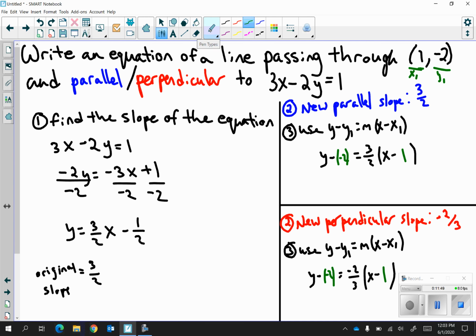So that is the way to write an equation of a line that is parallel or perpendicular. Please be careful of which one you're actually doing. I know that a common way that they try to trip you up with perpendicular lines is that they'll give you an option of an answer with a slope of 2/3 because they'll take the reciprocal, but they're going to hope that you forgot to negate the slope as well.